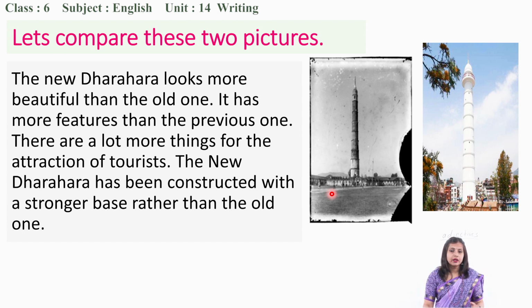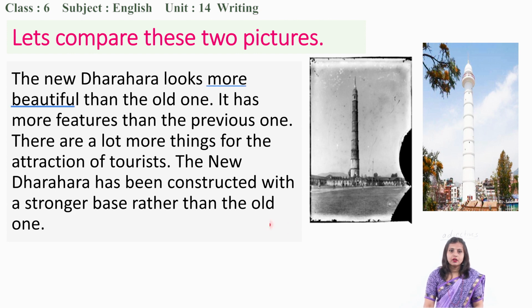Keeping that in mind, the new Dharara has been made with a stronger base, with strong concrete materials, so that it can face an earthquake of lesser magnitude. If the earthquake is very strong, we can't say, but it has been built with a stronger base. Now, what have we used here to make the comparison?